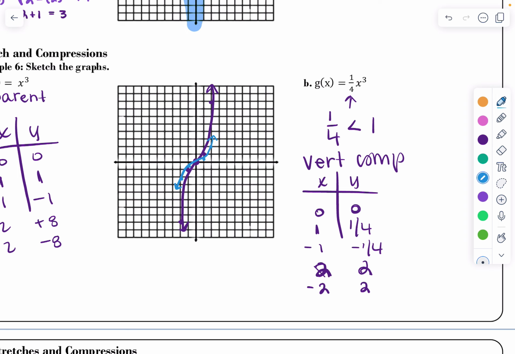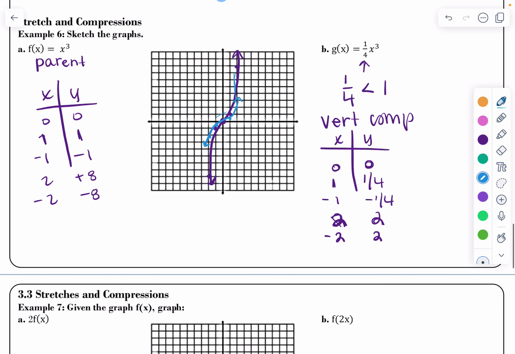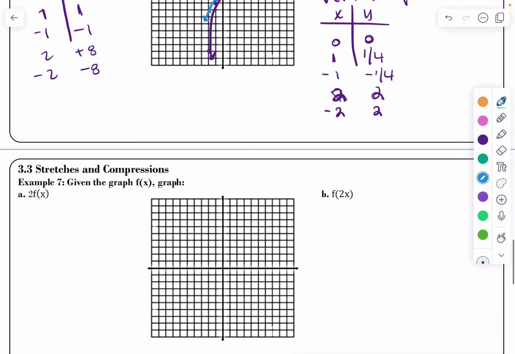So vertically, I'm getting a compression of points. Okay? So again, use a table to double check your coordinates, and then you can also check your coordinates with your graphing calculator. So again, you don't have to use a graphing calculator for this quiz, but it is helpful. You have your four-function as well, but if you have your own personal graphing calculator, you can use it.